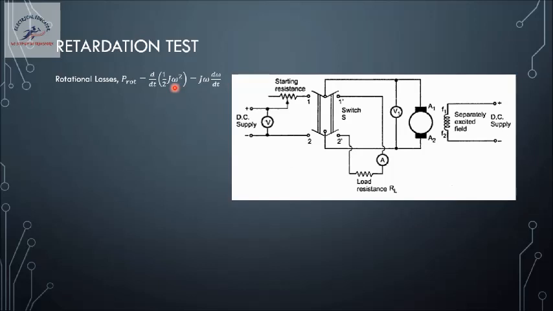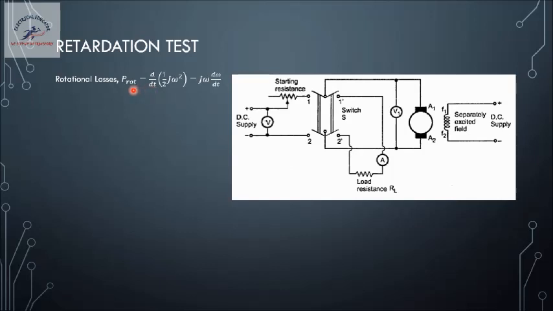The rate of reduction in kinetic energy gives us the rotational loss. Whatever energy is stored, it will take some time to come to rest. That total energy divided by total time taken gives us power, and this power is nothing but the power lost because of friction and windage.